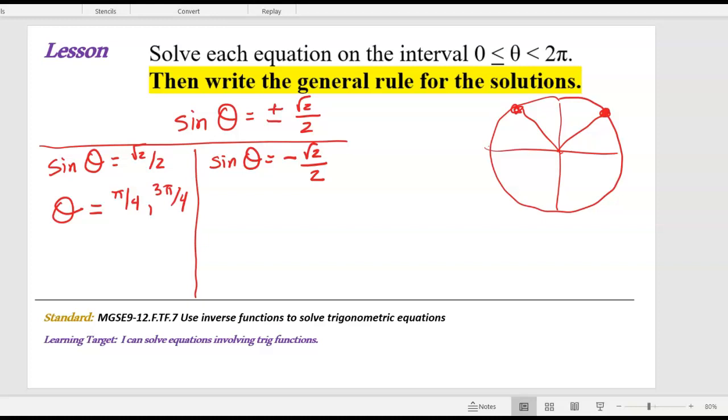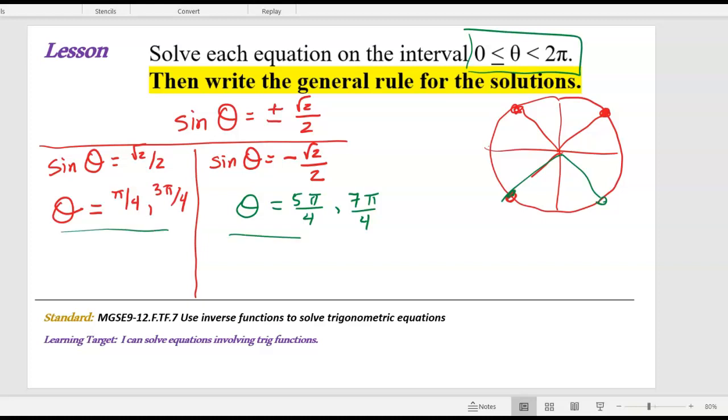Or if my y value is negative root 2 over 2, then theta could be 5 pi over 4, or 7 pi over 4. So this particular equation, on the interval from 0 to 2 pi, like one full rotation around the unit circle, actually has 4 different solutions.